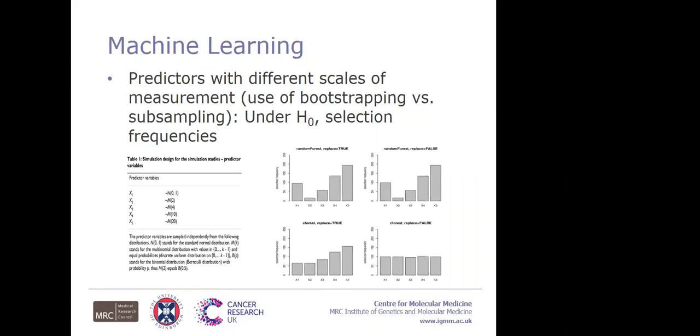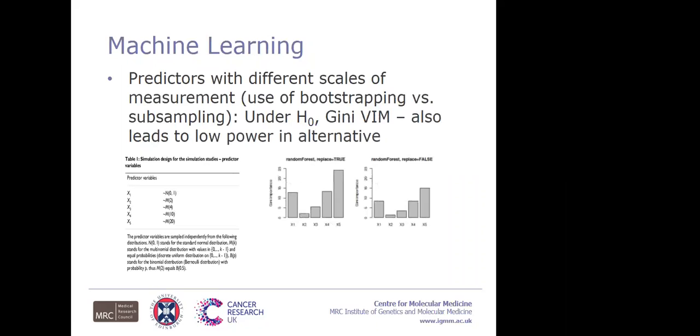So I mentioned before that the Gini index-based variable importance measure is based on this sort of Gini index splitting criterion, right? And you can see here that this is, again, under the null. And so what we've got here plotted on the y, so it's, again, x1 through x5. On the x, we've got the Gini index-based variable importance measure. And again, this is under the null.